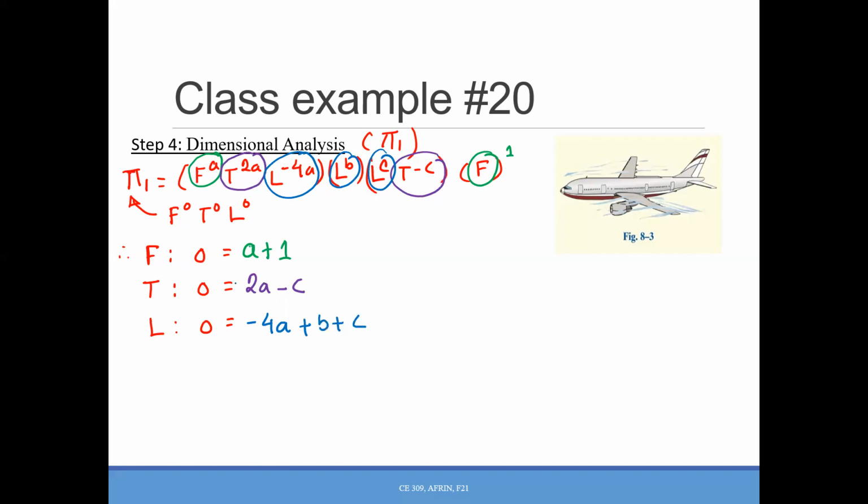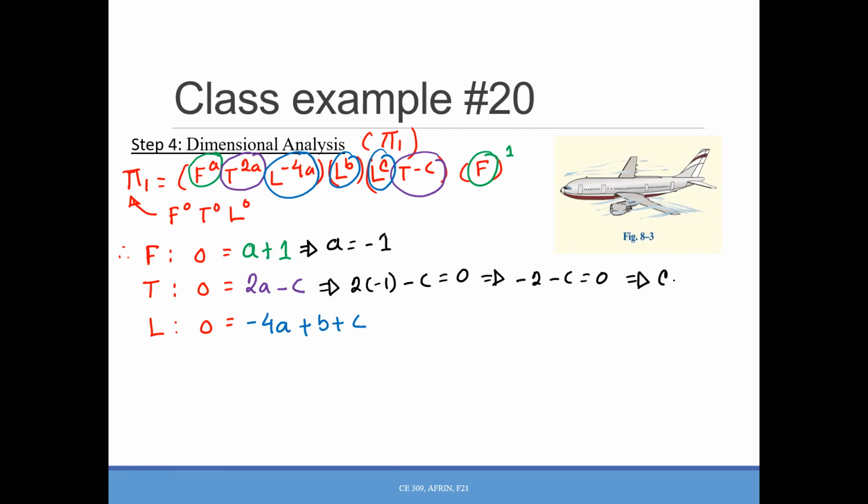Now you see, I chose L and V because we had fewer dimensions there, and that is actually helping with these equations. We don't have too many things here. So from here, it's very easy. It's 3 equations, 3 unknowns. So A equals to -1. And here you can use the A value to find the C value: -2 minus C equals to 0.